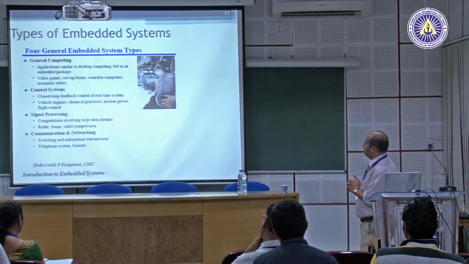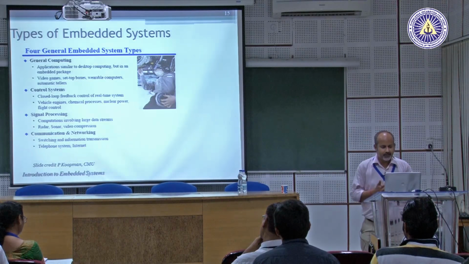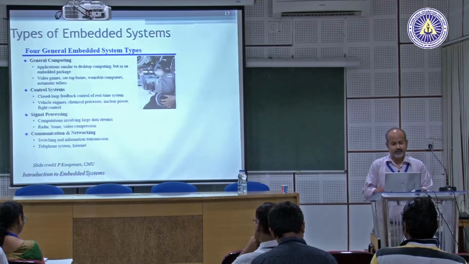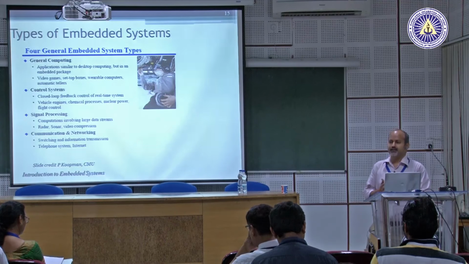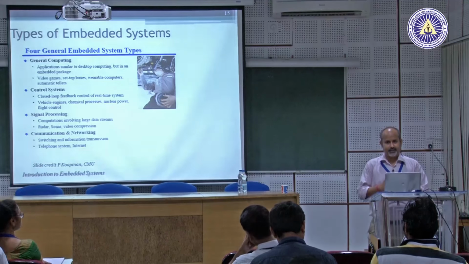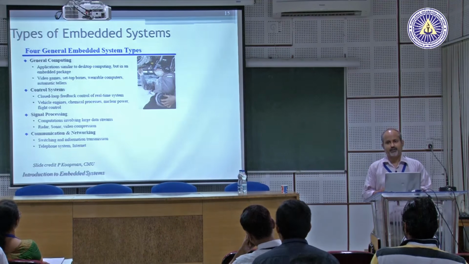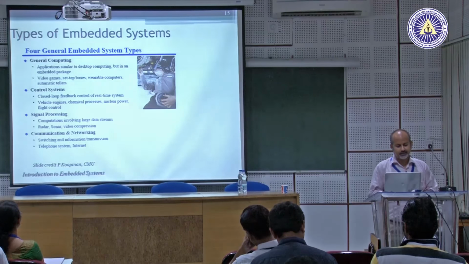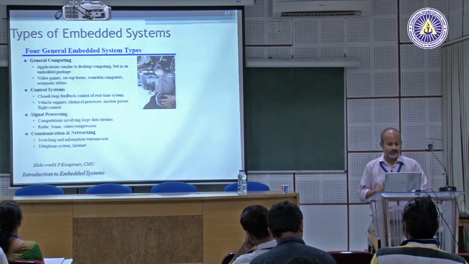Then there are special purpose embedded systems, for example, for signal processing. So you can have embedded systems in radar, in sonar, and video compression. This kind of stuff you do signal processing, and there also you need computing power and adequate microprocessors.